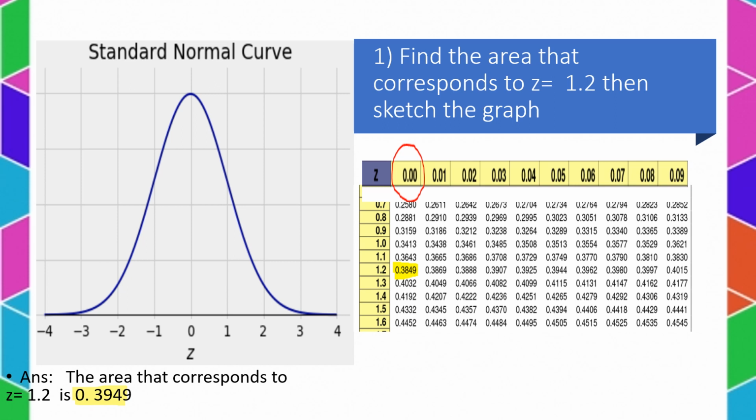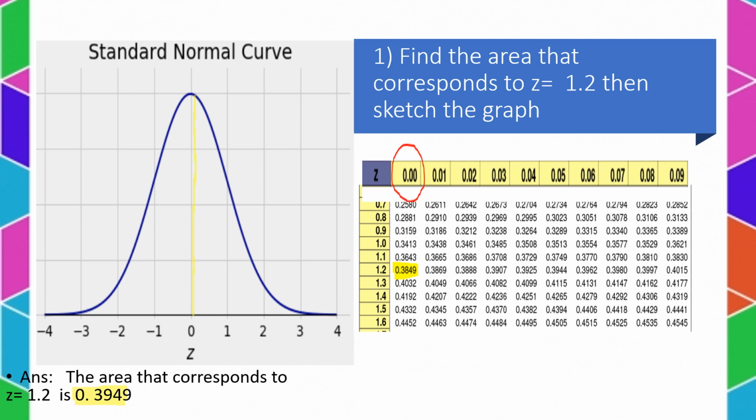So, how to graph z equals 1.2? So, ang ibig sabihin yan, z is positive. So, from 0, ayan, so gamit tayo ng pen, o kaya yung highlighter na lang, ano? So, from 0 to 1.2, make a straight line from 0, and then locate where is 1.2 in the graph.